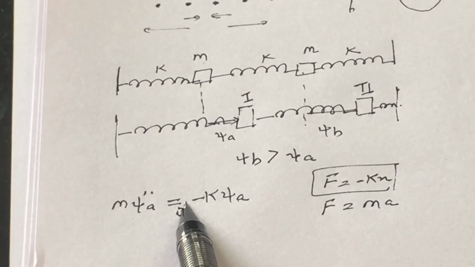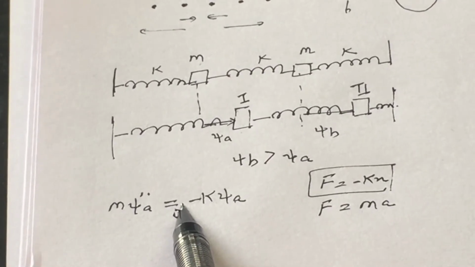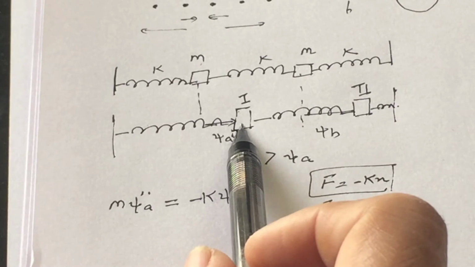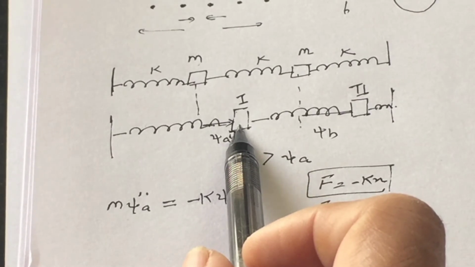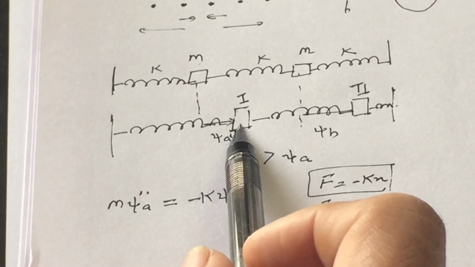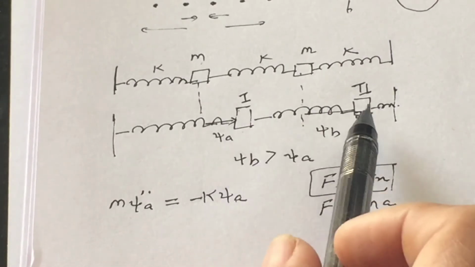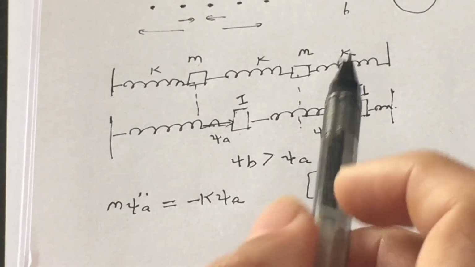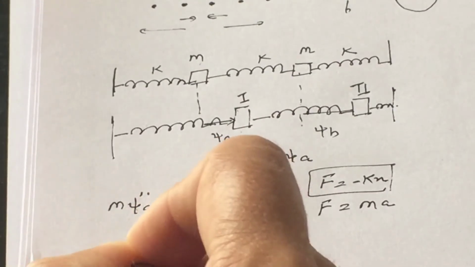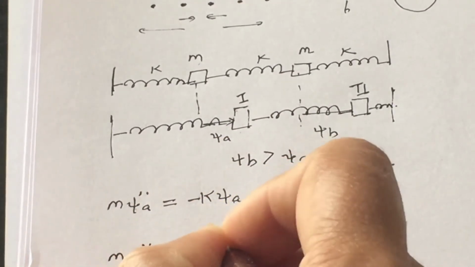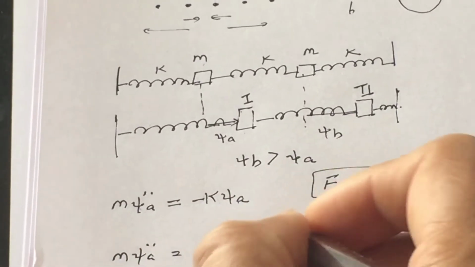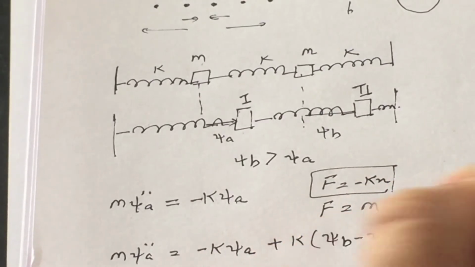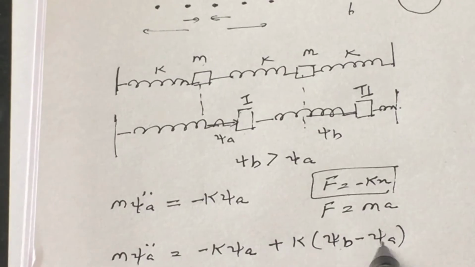But in our case, the masses are attached with the springs and they have displacement, and we very well know that the displacement of the first mass in the direction of acceleration will enhance the oscillation of the first mass, and psi b will decrease the oscillation of the second mass. Hence the equation for simple harmonic motion for the first mass in our case has a new term, that is k times psi b minus psi a.